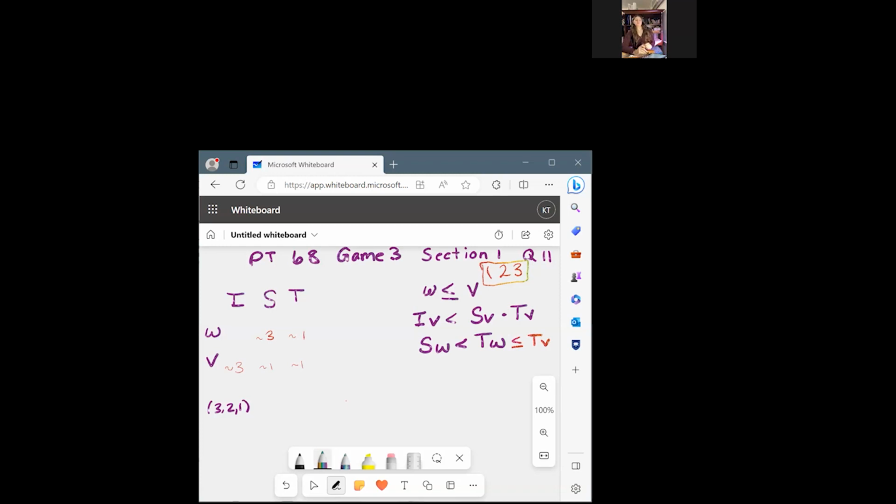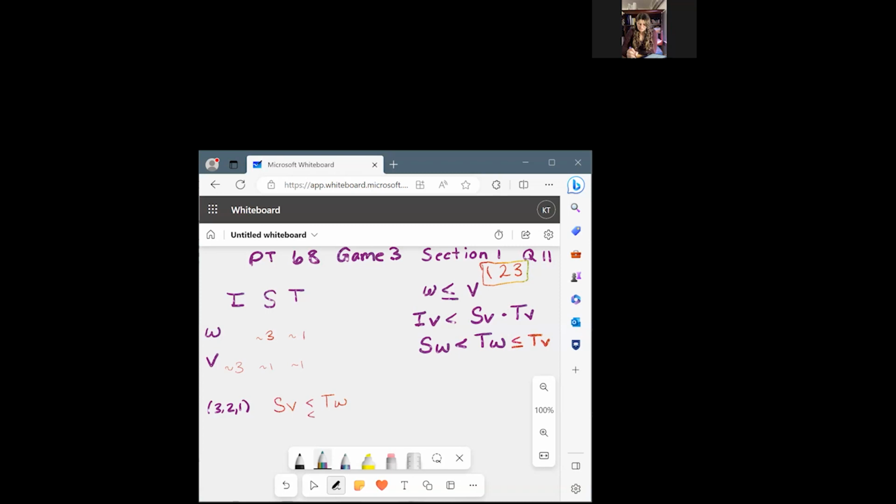This one seems like a little bit trickier, but again, we just have a new rule added. So I'm going to start by writing out our new rule. Our new rule is that SV is shorter than TW. That's interesting.